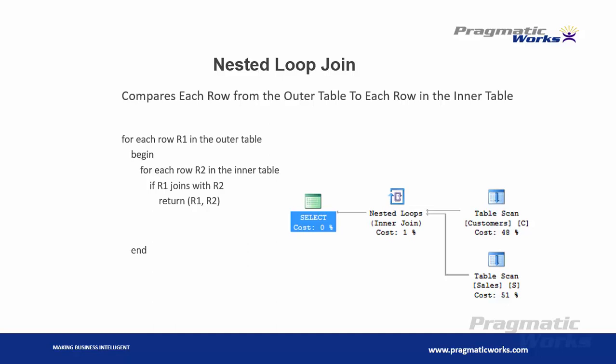A nested loop join is used when the table is really small, because it compares every single row from the outer table to every single row on the inner table. A nested loop join is used on smaller data sets, and this is where statistics get really important. If you have two tables of a million rows and you have no statistics on those tables, the Query Optimizer's cardinality derivation is going to guess one.